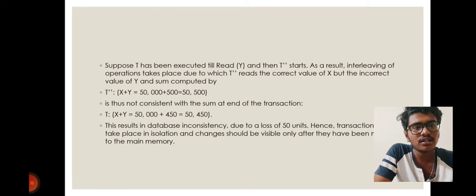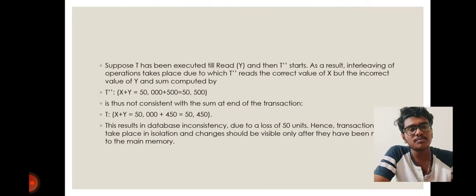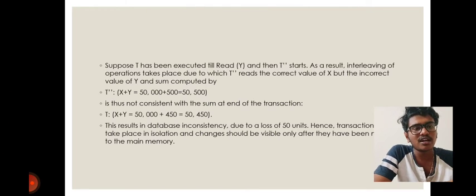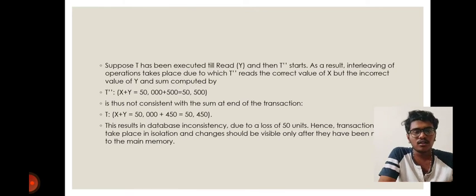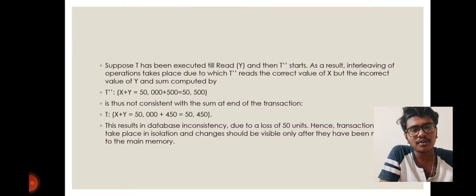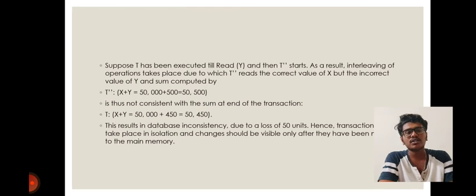As a result, interleaving of operations takes place, due to which T' reads the correct value of X but the incorrect value of Y, and the sum computed by the second transaction, X plus Y equal to 50 plus 500, equal to 550, is thus not consistent with the sum at the end of the transaction.